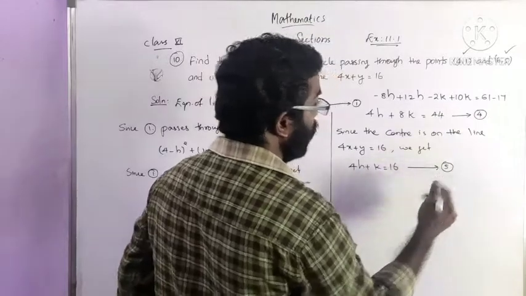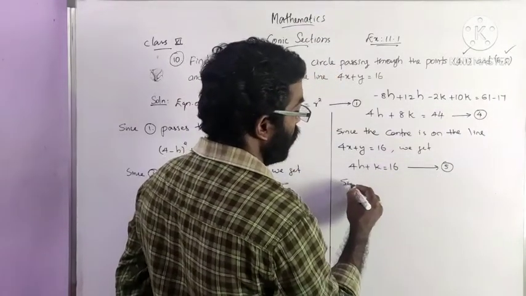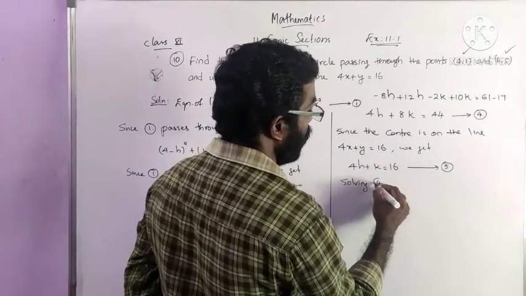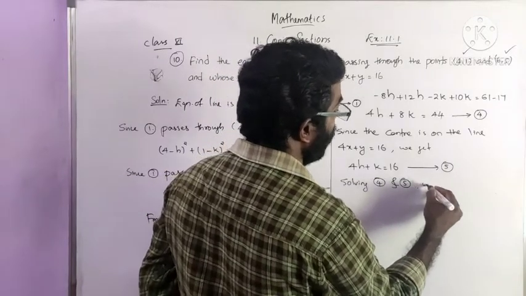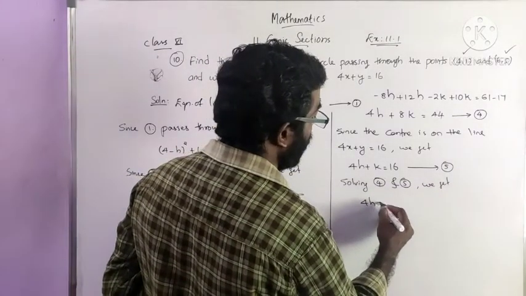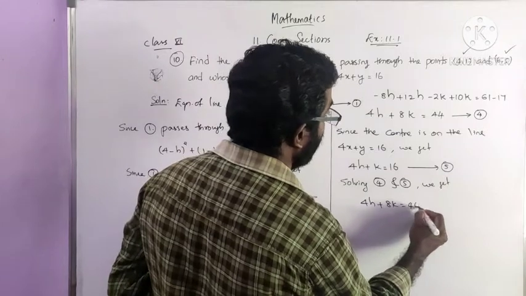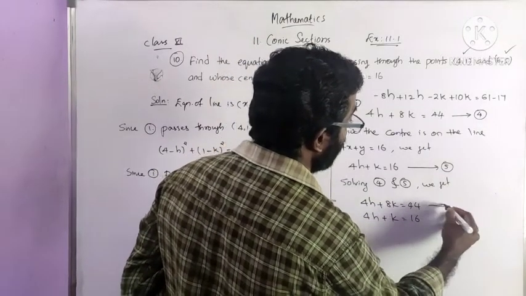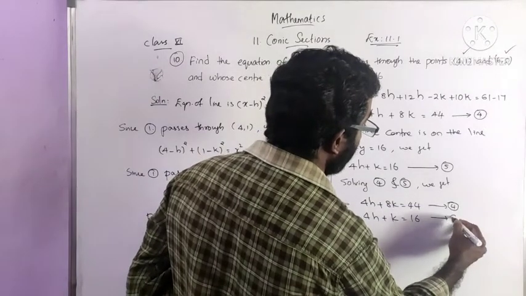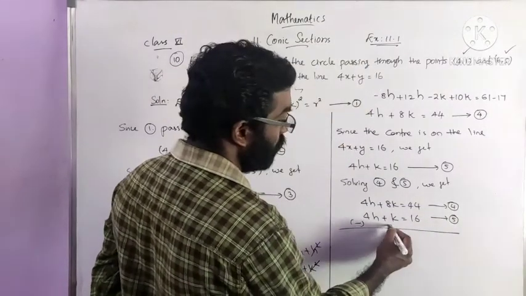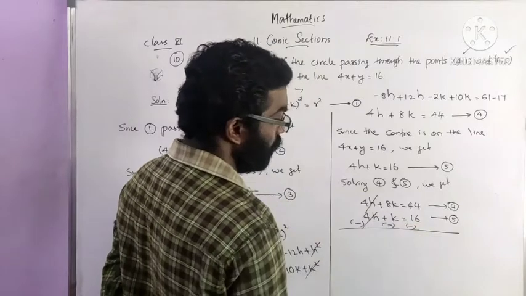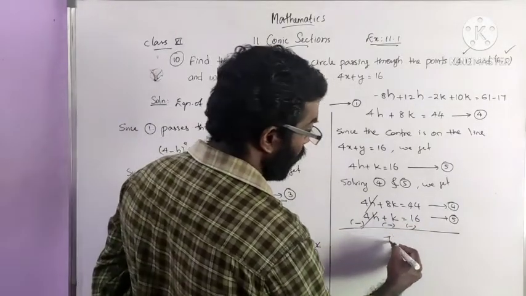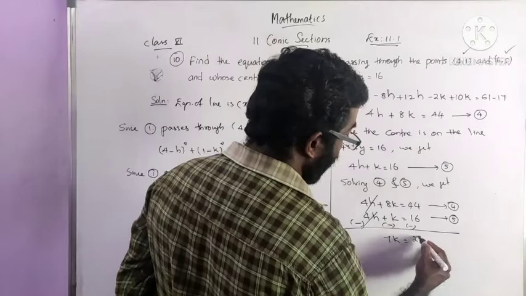Now we can solve equations 4 and 5. Solving equations 4 and 5, we get 4h plus 8k is equal to 44, then 4h plus k is equal to 16. We can subtract. 4h minus 4h cancel. 7k is equal to 28.